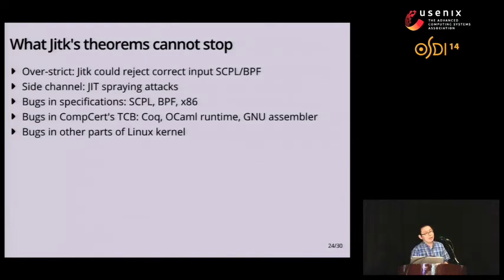We cannot prevent side channel attacks because they're not modeled in the specification. If there's a bug in the specification, like in SAPL, BPF, or x86, there's nothing we can do about it. And we share the same TCB as CompCert, so if there's a bug in Coq, the OCaml runtime, or the GNU assembler, then we have no guarantee. And we have nothing to say about bugs in other parts of the kernel.